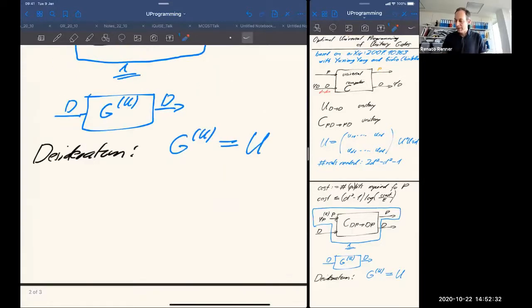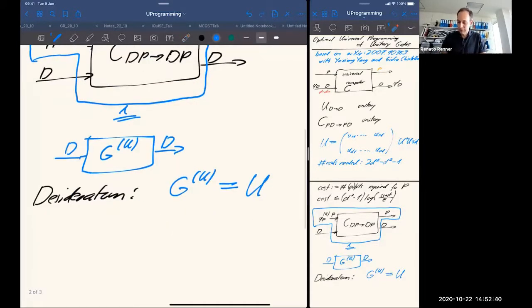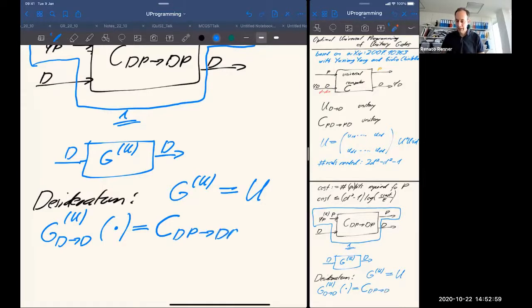Now, formally speaking, if I call this thing here C, what is G? I just write it down. So the G is an operation that, as I said, goes from D to D, and it depends on U, and it kind of acts on D. So it takes one input, which I indicate by a dot. But what it is, it's essentially the operation C, which would go from DP to DP, where I leave the data register open.